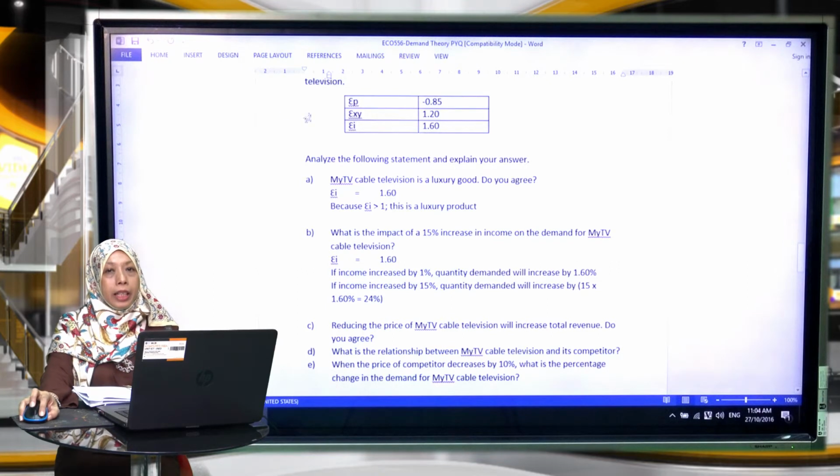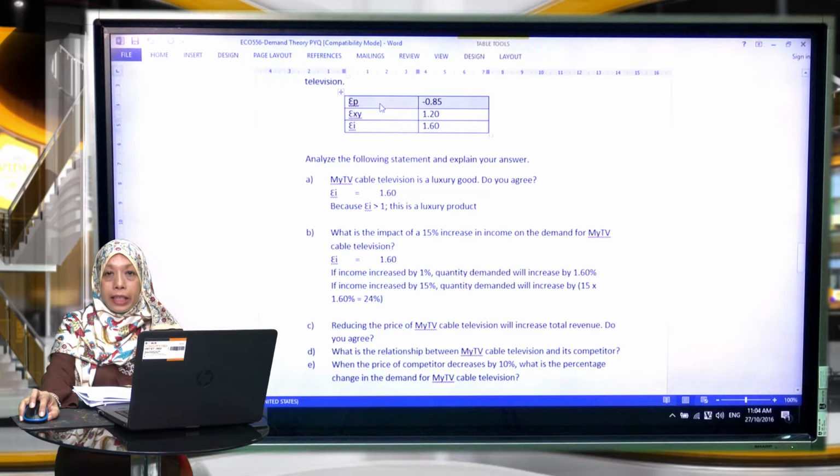Looking at the price elasticity of demand coefficient, the value is negative 0.85. So what does it tell you? Will this indicate that you should increase price or reduce price?